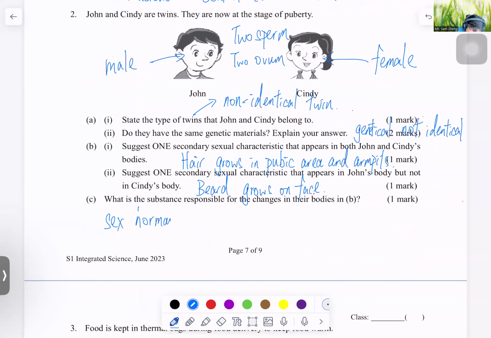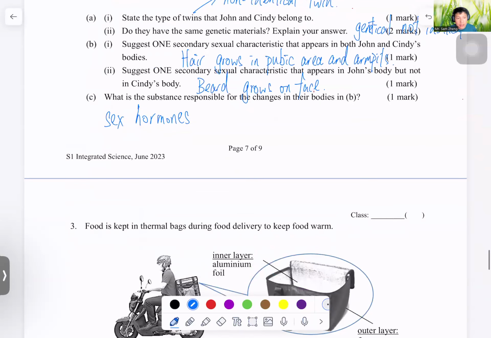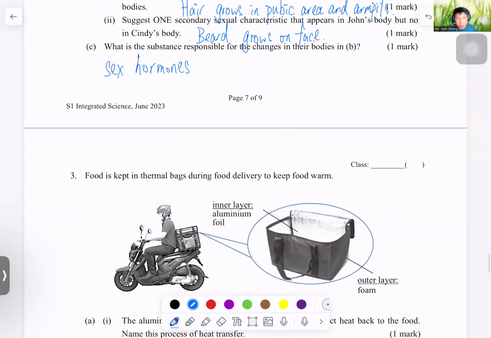In fact, they can trigger the development of the reproductive system, both male and also female. So in this case, sex hormones are really important for the development of the systems.